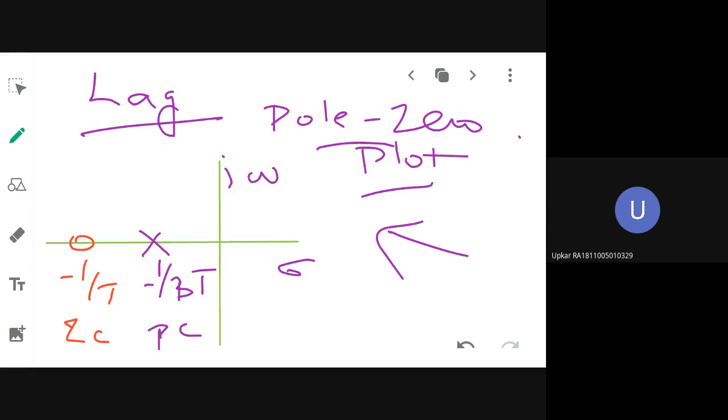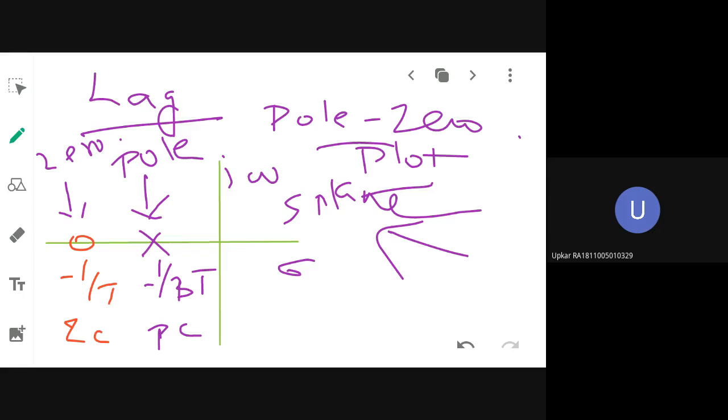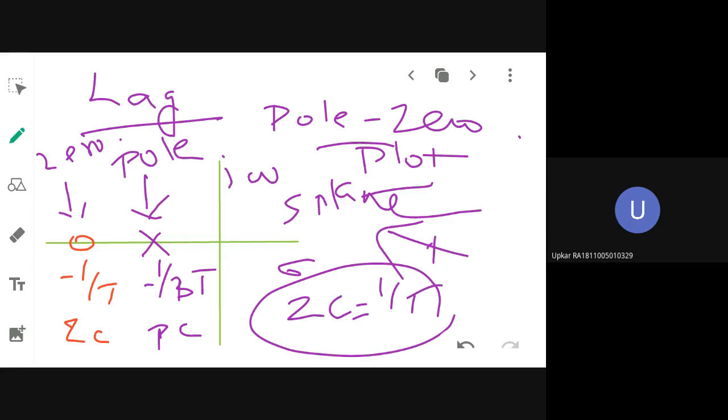As you can see, this is an S plane in which you observe one pole and one zero. The zero is equivalent to 1 by T and the pole is equivalent to 1 by beta T. The pole is located very close to the origin. For a lead compensator, the roles are reversed. So this is the pole zero plot of a lag compensator.